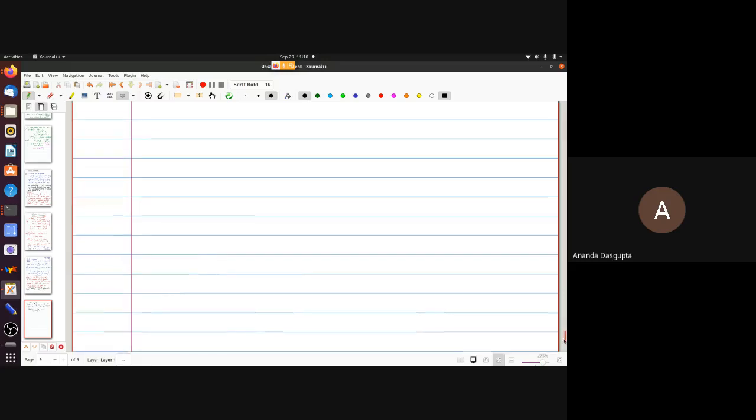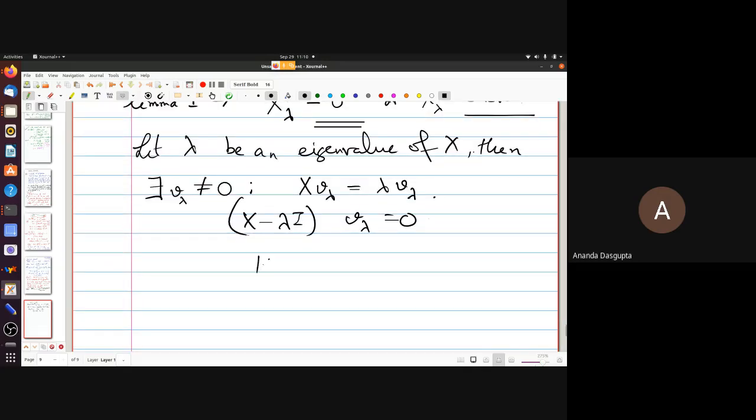and what does this tell you? This tells you that the kernel of x prime lambda contains at least this v lambda. In fact, it contains not only v lambda, it contains all its multiples. In fact, the kernel of x prime lambda in this case is nothing but the eigenspace corresponding to the eigenvalue lambda. The one thing that we know about an eigenspace is that it cannot be just the zero vector, because if that were the case, then it would not be an eigenspace at all.